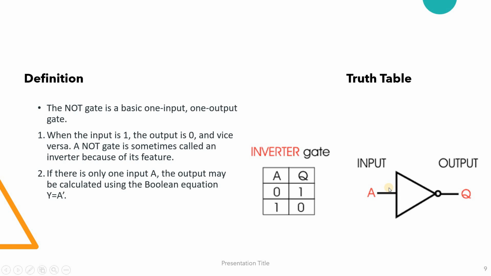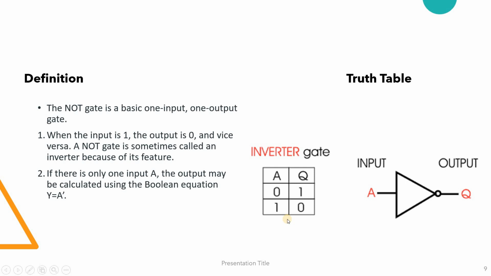This is the symbol used to indicate the NOT gate. Assume that you are getting the output as Y. I am passing A, and because we get the negative as output, I get A bar, or A dash.